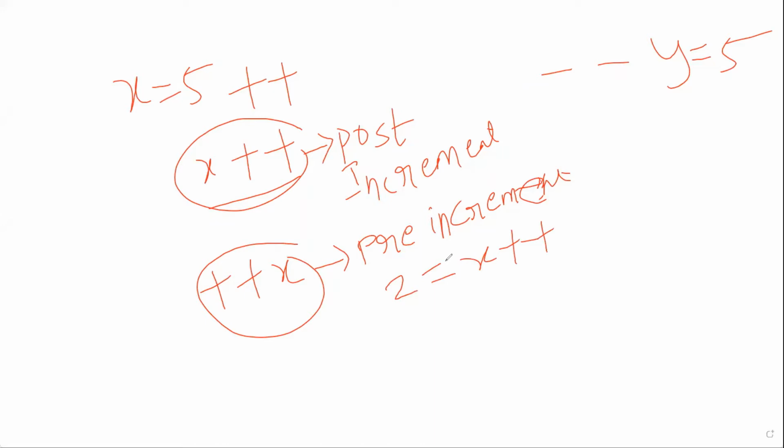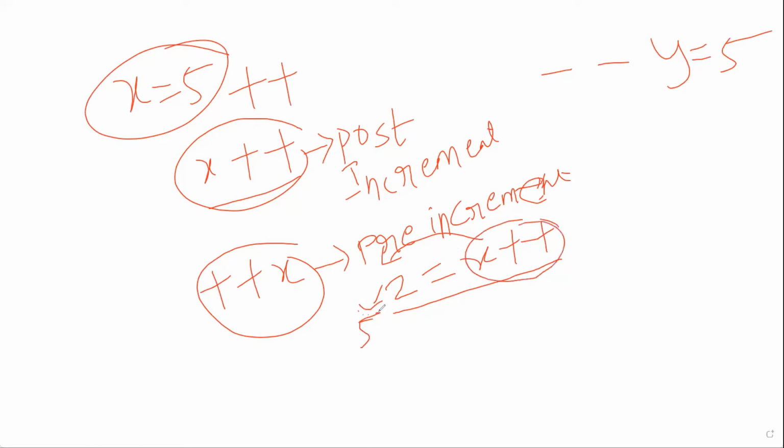The meaning of this statement is, first you assign the value of x to z. X value is 5, so now z will be 5. Then after that, increase the x value, meaning x will become 6. This is the meaning of post increment.